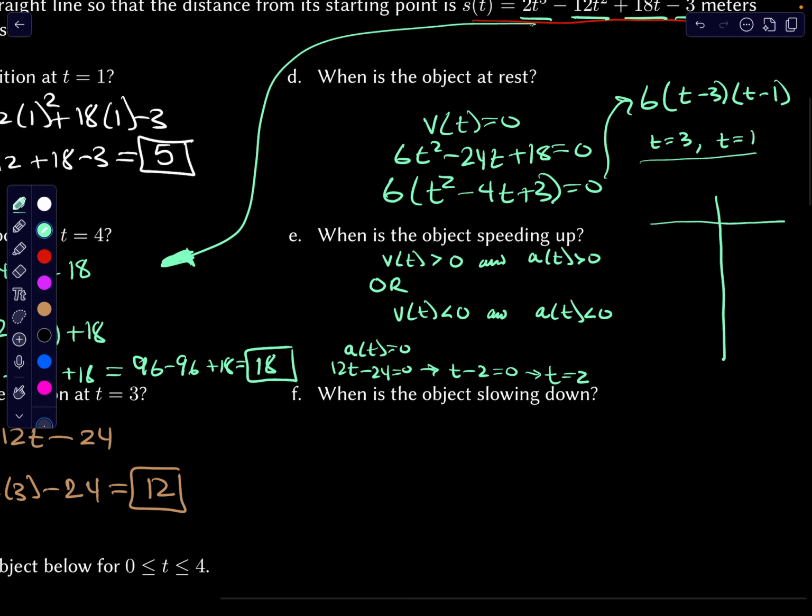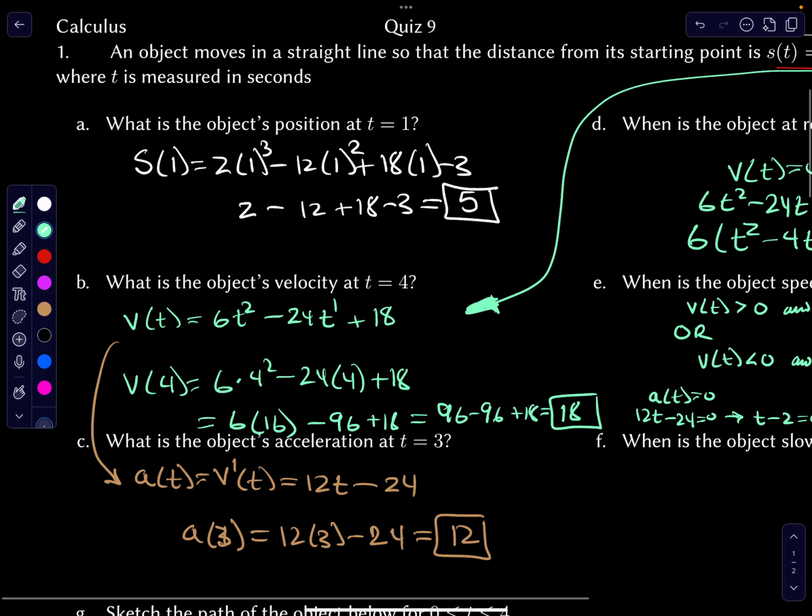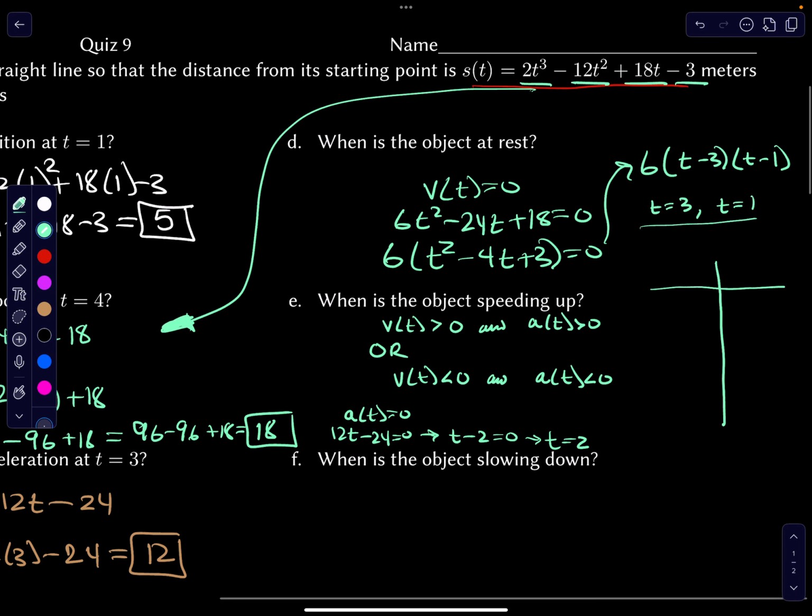So here's how I'm going to make this chart. I'm going to just pick the range. The important numbers are t equals 1, t equals 2, and t equals 3. Those are when either the velocity or the acceleration are changing. So we'll start with t equals 1, and I'll just say, okay, are we only interested in t greater than 0?